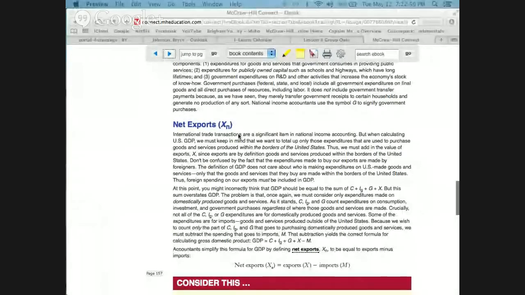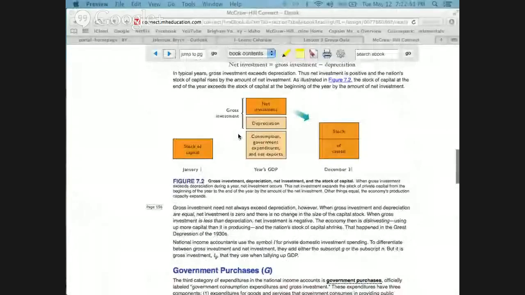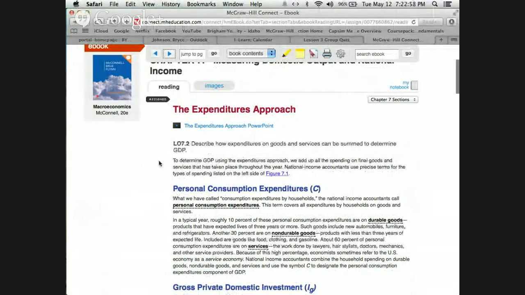Can you see it? Awesome. So it's right here, this paragraph, this sentence really.